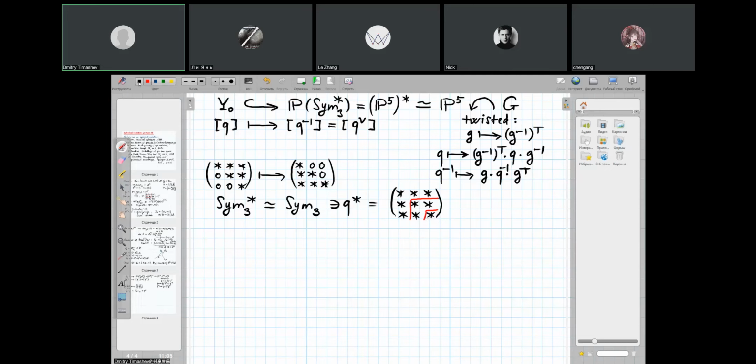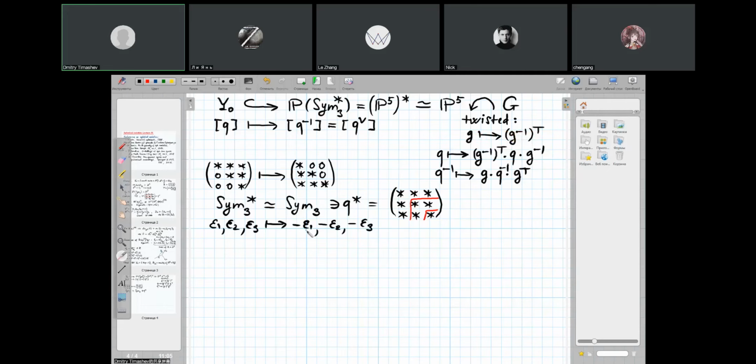So the eigenweights which we considered before, the weights epsilon 1, epsilon 2, and epsilon 3, under this automorphism will transform to the weights minus epsilon 1, minus epsilon 2, minus epsilon 3. Because when you apply this automorphism to diagonal matrices, you do not transpose, you just take the inverse.